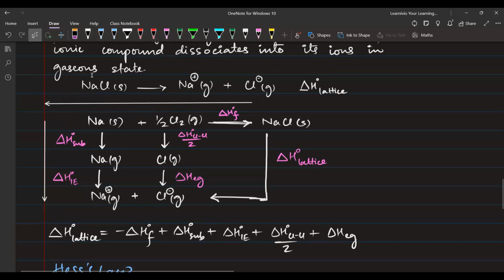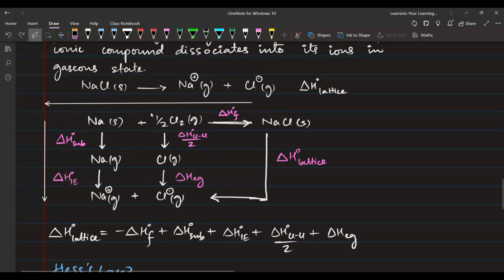Yes, sir. Now, just look at the arrow that we are moving on, and then look at the arrow of these reactions and these changes. I think your difficulty starts from here itself, right? Zainab, I understood the half Cl2 part. So you understood, very good. Then what did we not understand?